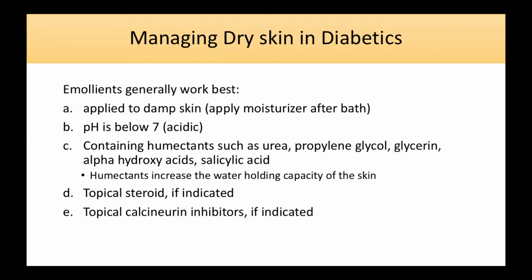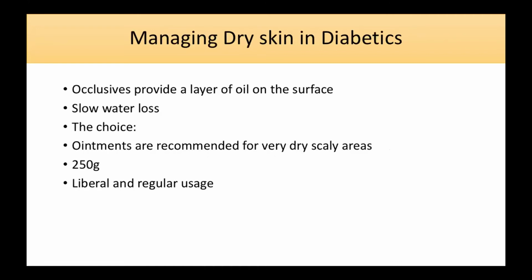And of course, when you have very, very dry skin, we not only use cream, we even need to use something which is more oily, to provide an occlusion on the surface. If it is too watery, like a lotion, you apply a lot of lotion but it evaporates very fast.